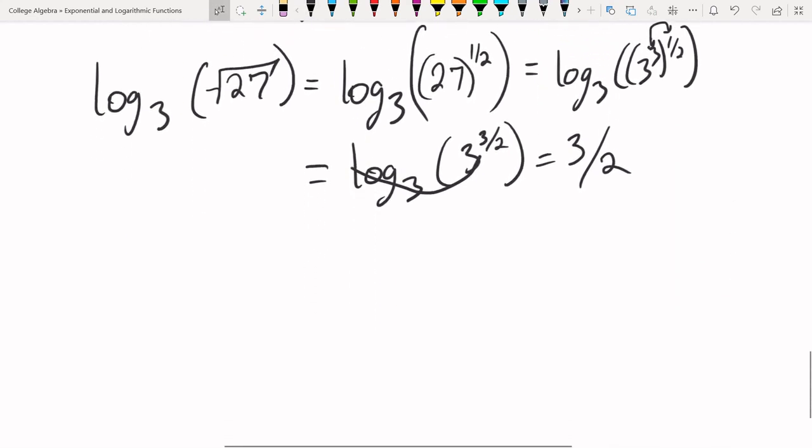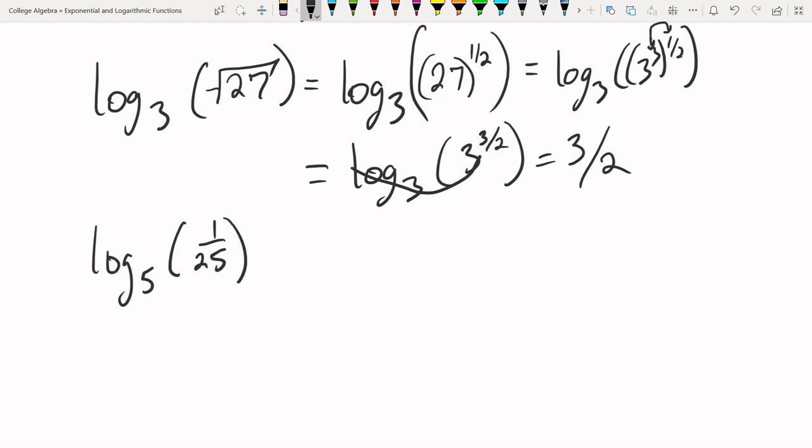Okay. Last one. Log base 5 of 1/25. All we're trying to do is get 5 to some power on the inside of the logarithm, because then we can cancel it. So 25 is 5 squared. We know that. So if we can get 1/25 to equal 5 to some power, then we're good to go. 1/25, that's the same thing as 25 to the -1.